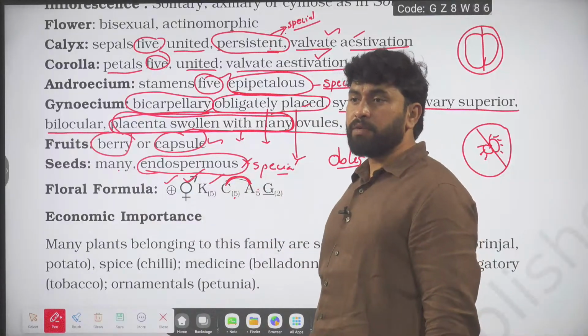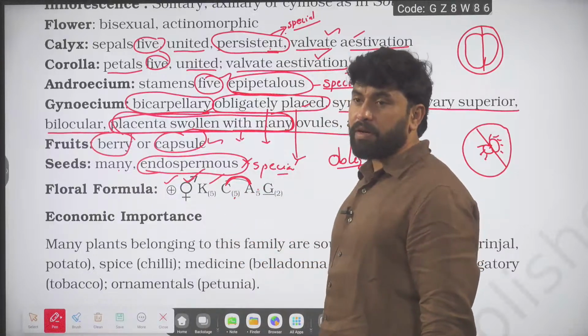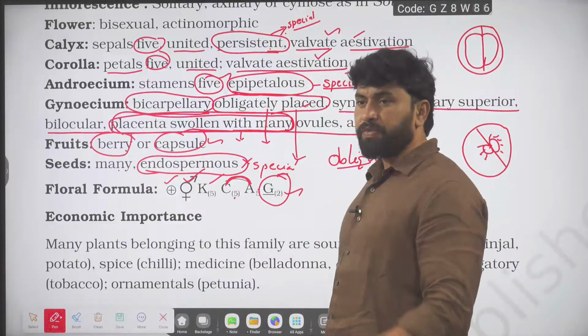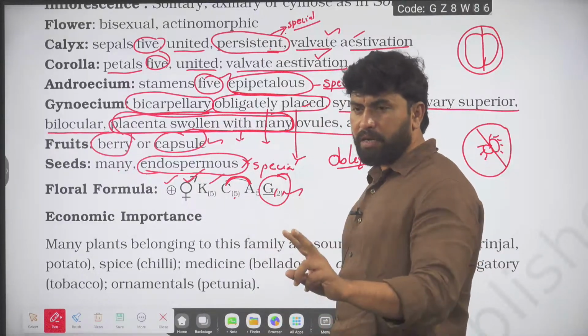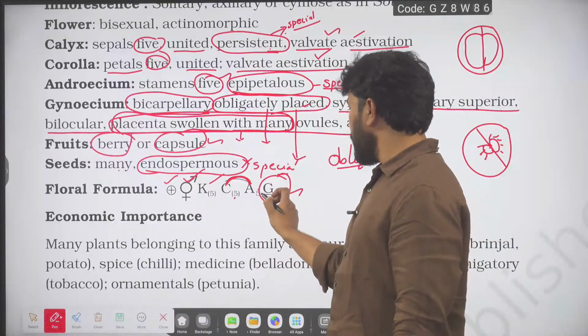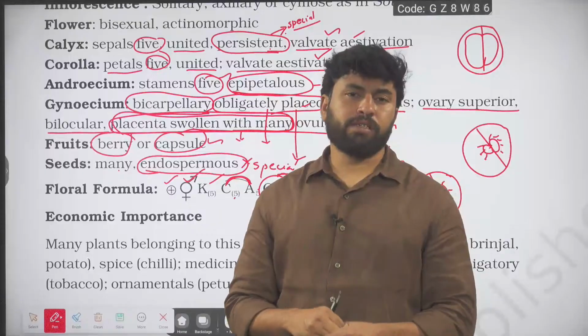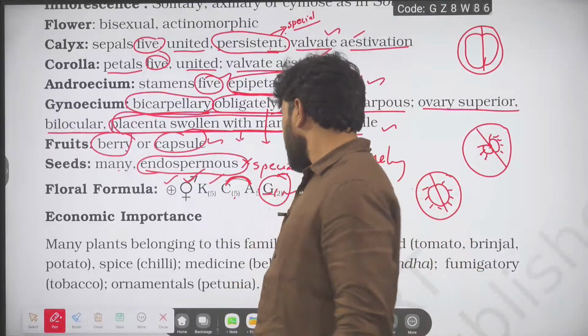This phenomenon, what do you call? Epipetalous condition. Next one, gynoecium. There are two, kept under parenthesis, that means bicarpellary syncarpous gynoecium, and the line is running below. Below means the gynoecium is superior, and flowers are hypogynous flowers.